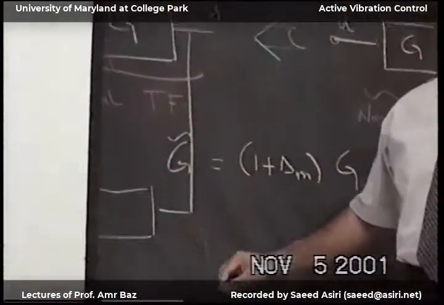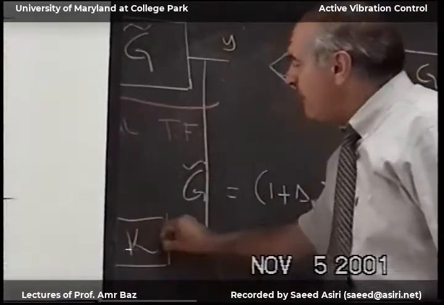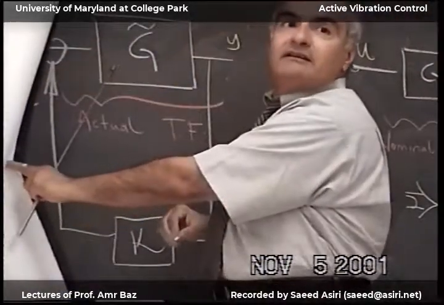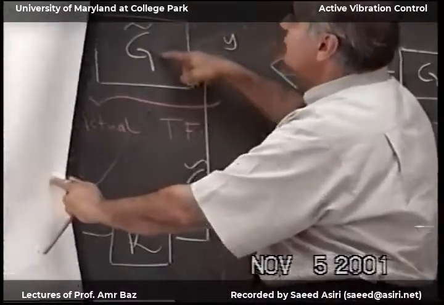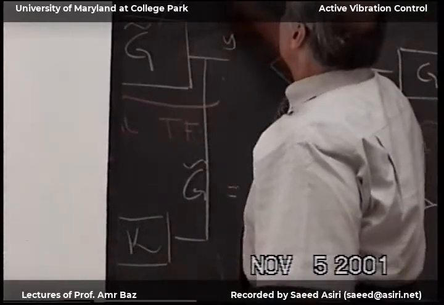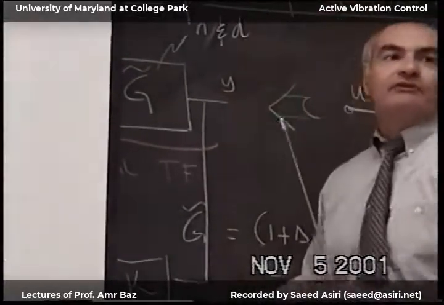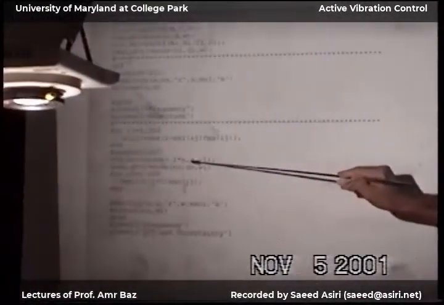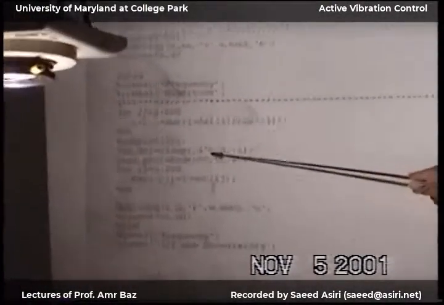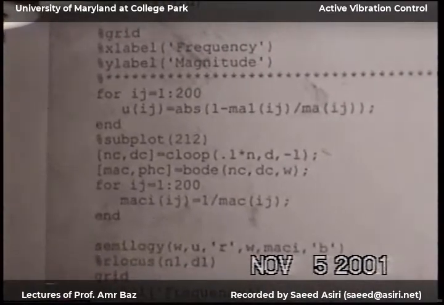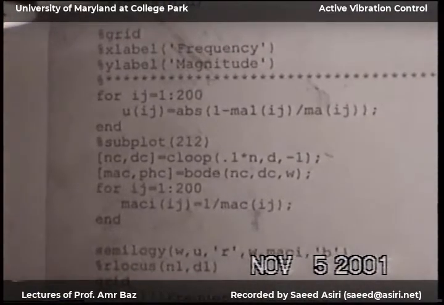I'm going to have here a gain K, and then I'm going to close the loop with negative feedback. This G, I know the numerator and denominator. So I say the numerator and the denominator times the gain. The gain that I selected for this problem is one number.